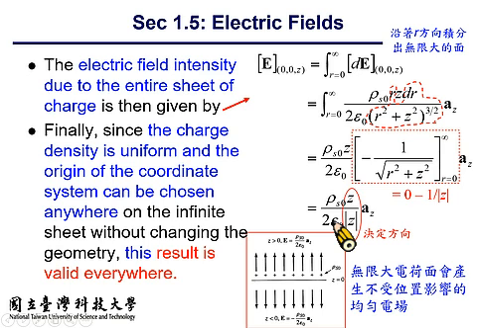So think of this capacitor, parallel plate capacitor. What is the field distribution in a parallel plate capacitor? Suppose the positive charge is on the top plate and the negative charge is on the bottom plate. What is the electrical field?